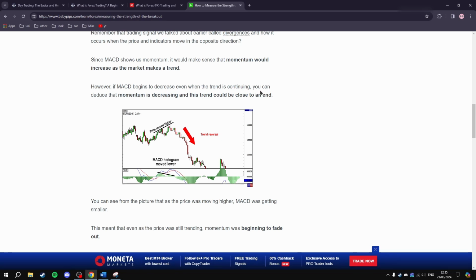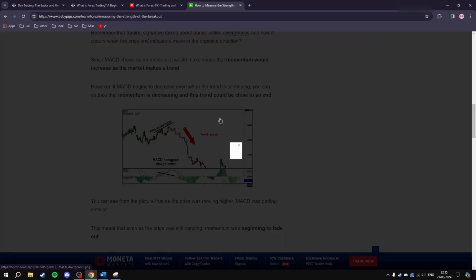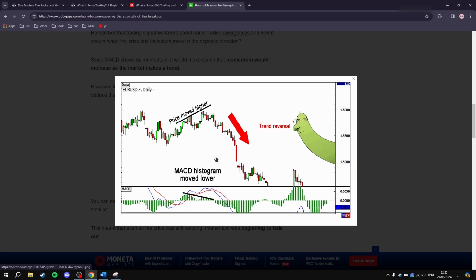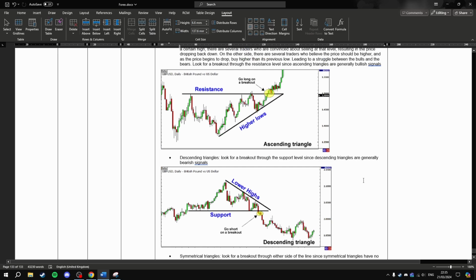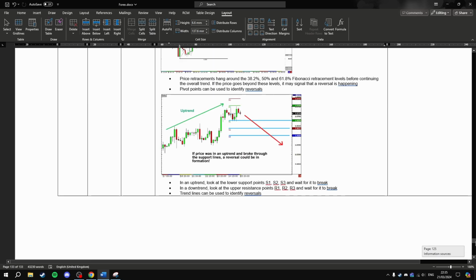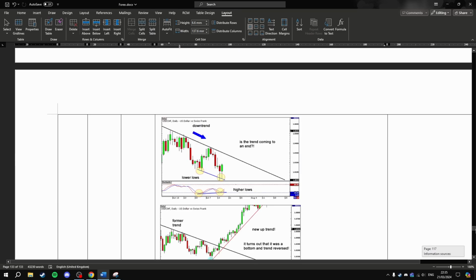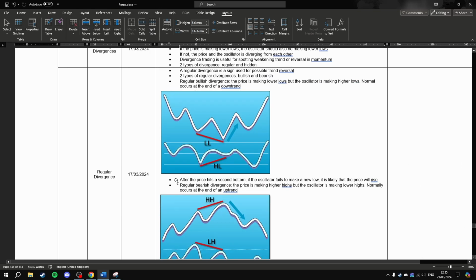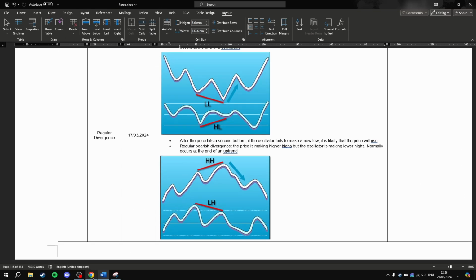The momentum would increase as the market makes a trend, so price moving higher, but the MACD histogram moved lower. This is further confirmed by, so if the price is going higher but the indicator is moving lower, so here higher highs and lower highs, yep.